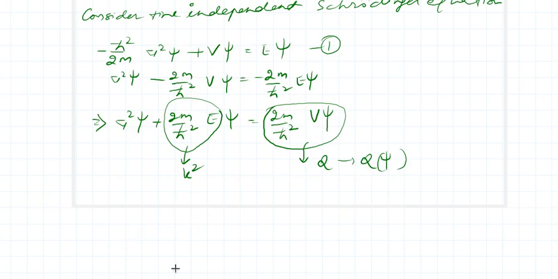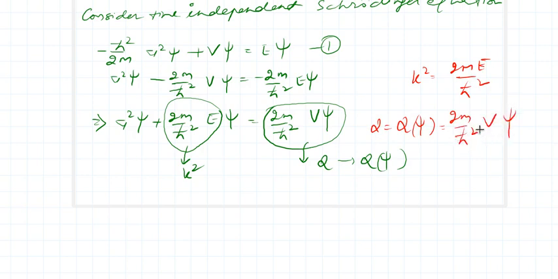That means k square is equal to 2mE over h cross square, and Q, simply, is 2m over h cross square V psi. If I use these here, then this is equal to del square plus k square acting on psi is equal to Q, and Q is a function of psi.